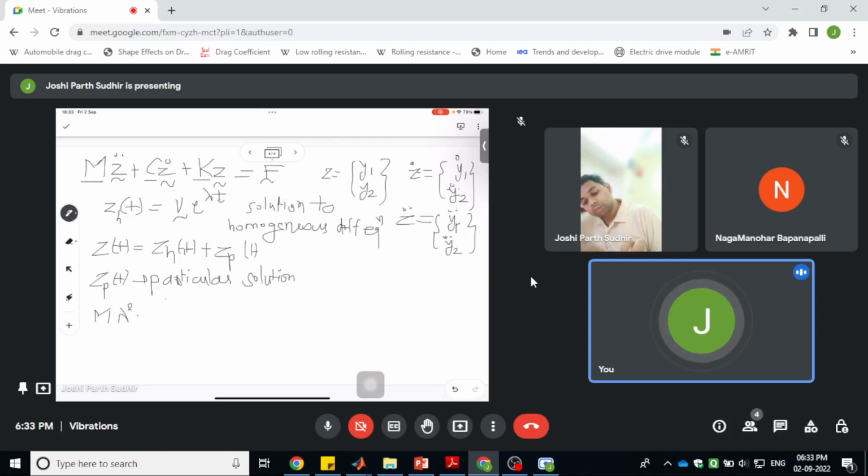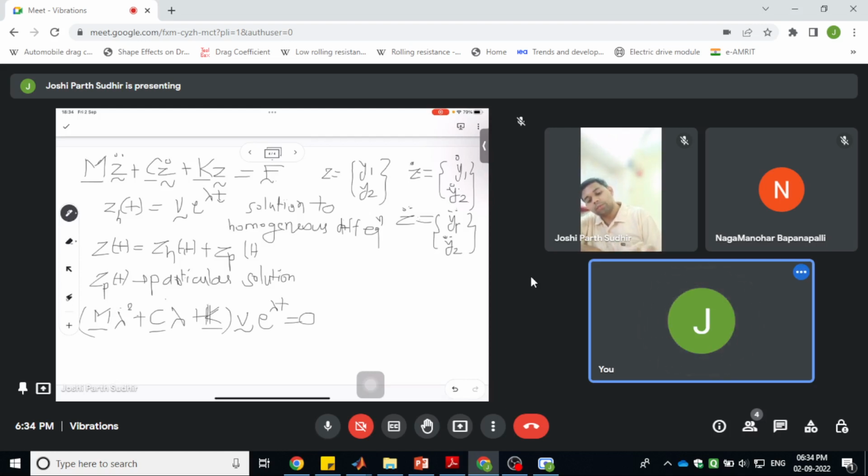When we substitute this homogeneous solution into the differential equation, the equation will become like this.